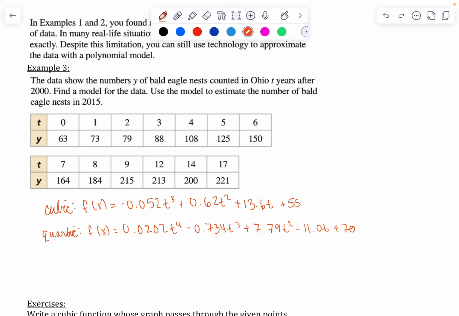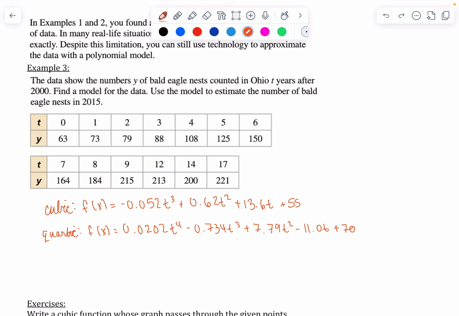Okay, so which of these two are going to be the right one? I'm just going to tell you because the way to figure it out would require more graphing, and I feel like I'm just talking at you guys at this point because you can't see my graphs.